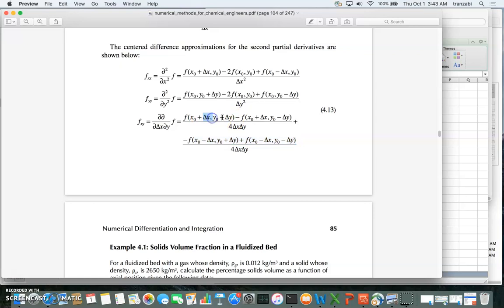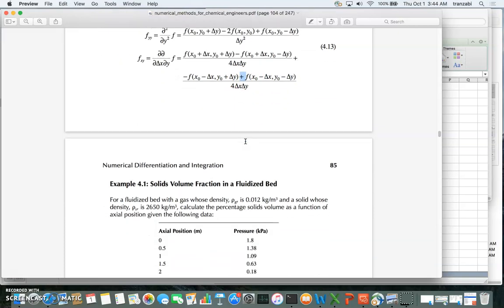Like between this and this, we have plus delta x plus delta y. The signs are the same, so the sign up front here is plus. But between this and that, the sign of delta x is changing, right? So here's plus delta x, here's minus delta y. And because of this plus minus, the coefficient here up front is going to be minus. And this one is the same thing, minus plus. The coefficient is going to be minus, and then minus minus. These are the same, the coefficient is going to be plus.